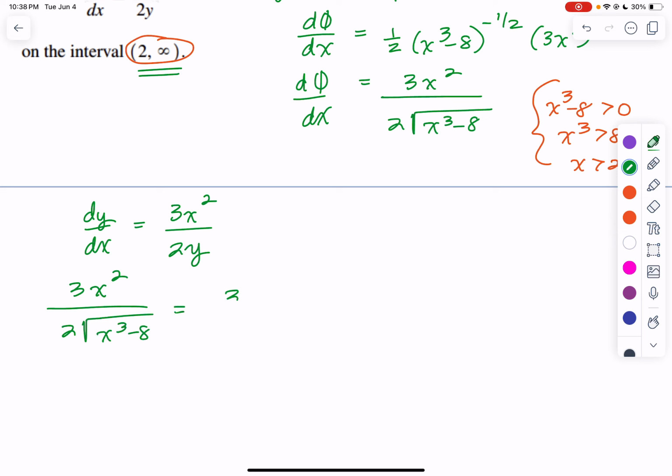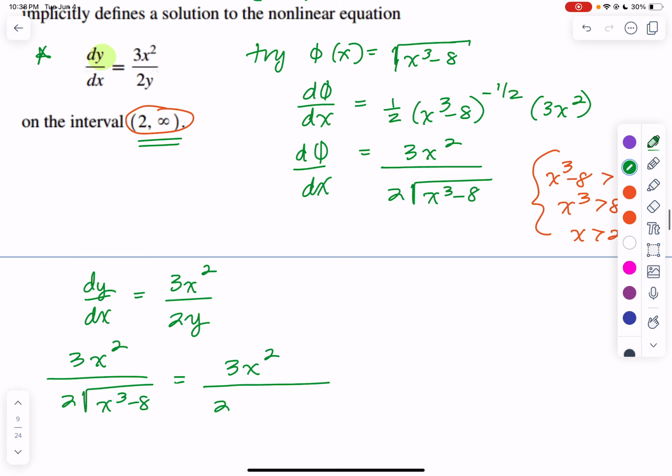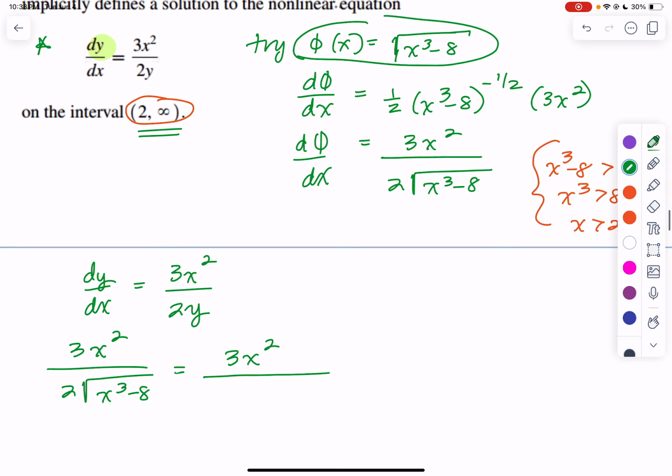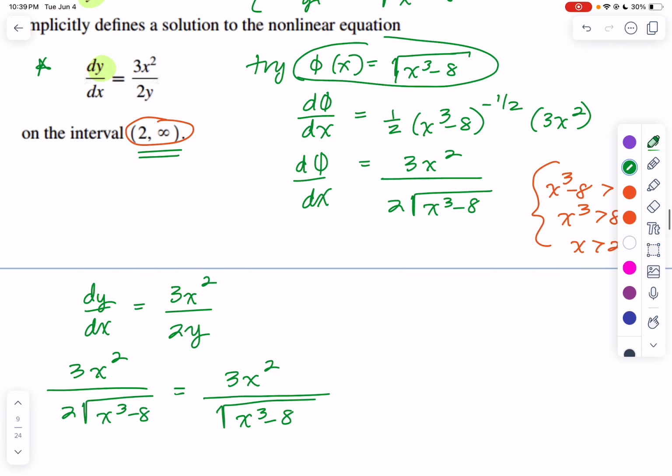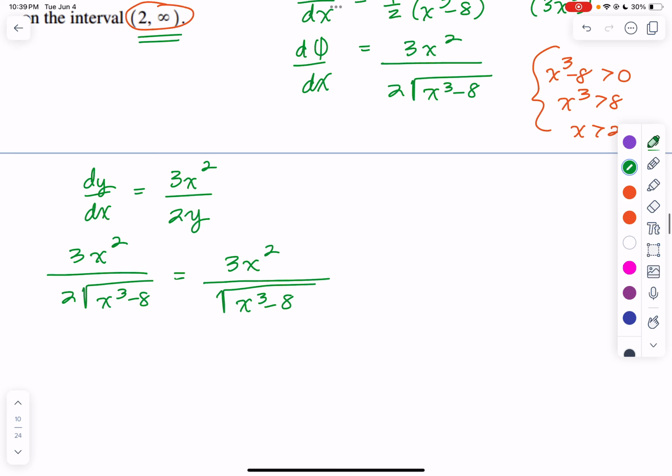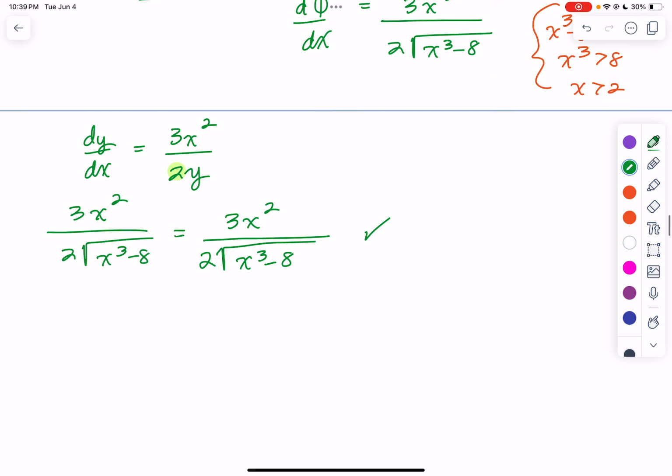And let's see if that's equal to 3x squared divided by 2 times our function right here, which is the square root of x cubed minus 8. And as you can see, I had to have this 2 down here from this 2. So as you can see, these are equal.